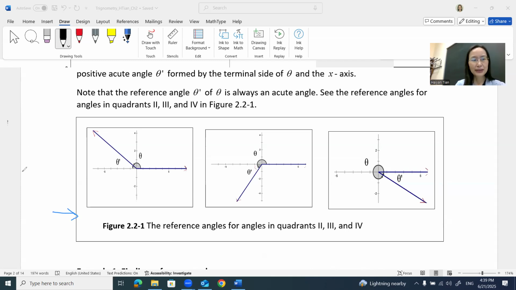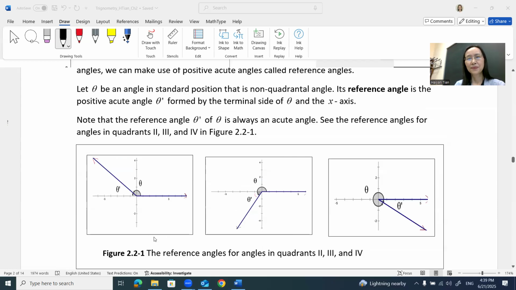We want to define an acute angle that is called the reference angle. So the reference angle must be positive and must be an acute angle.